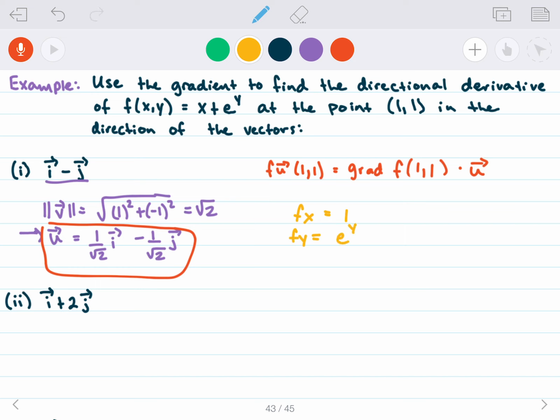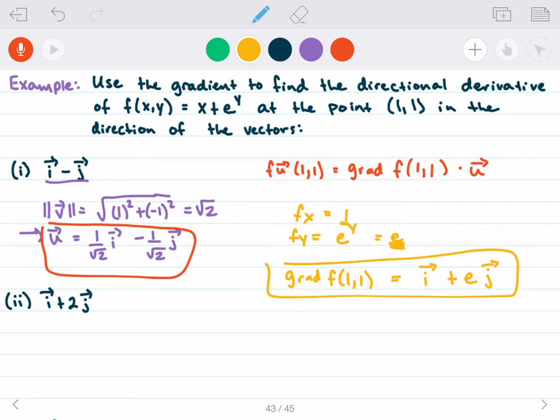So plugging in 1 into this guy, I don't have anything to plug in there. I just get e to the 1, which is e. So this is my y component. This is my x component of my gradient. So the gradient is going to be 1i, remember gradient is a vector, plus ej.